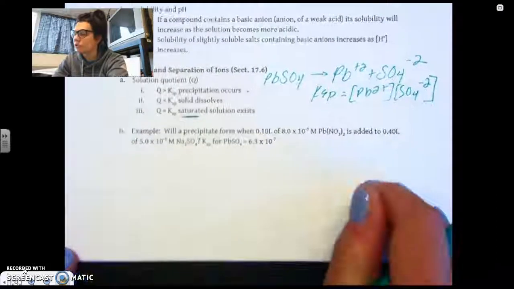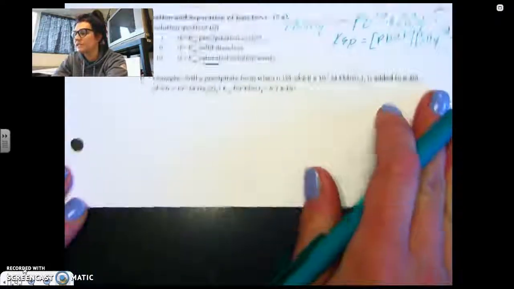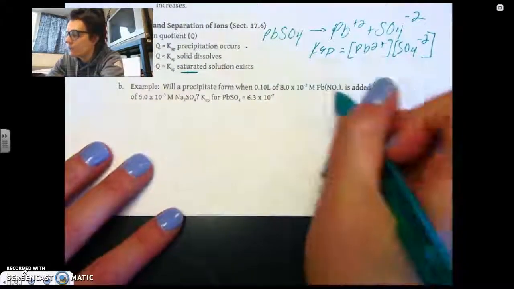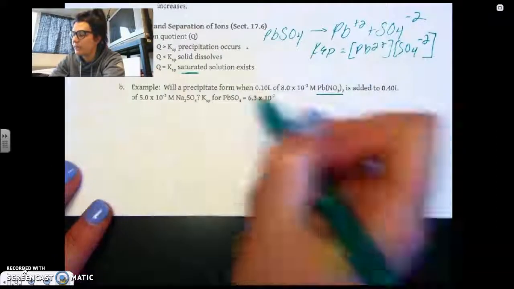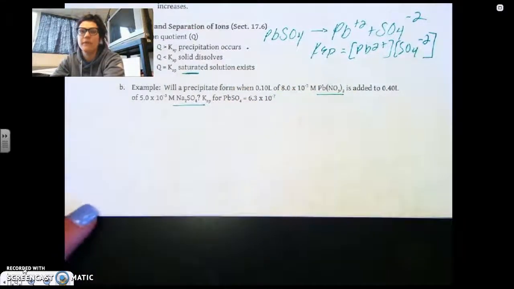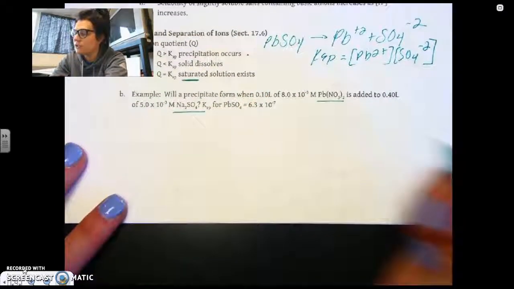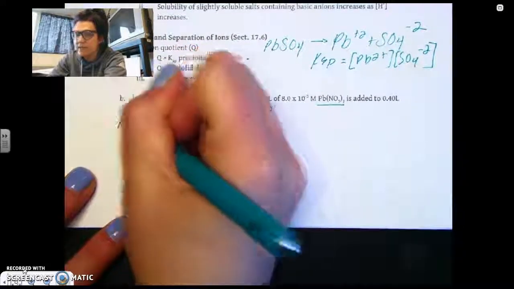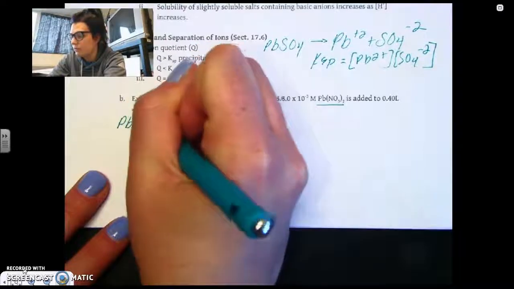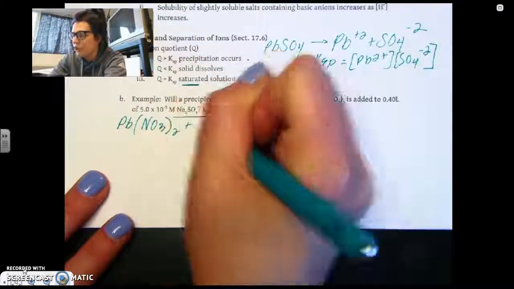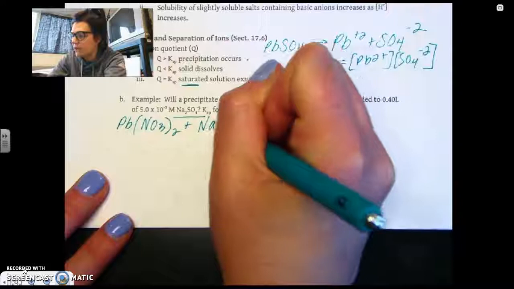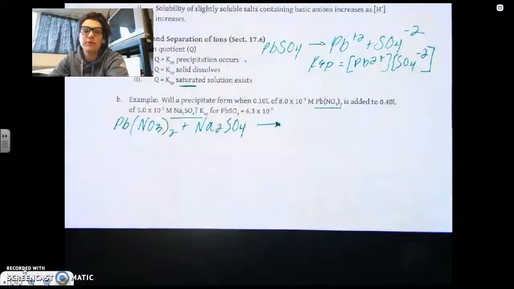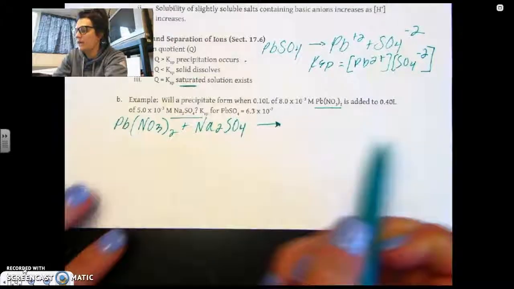The one example I'm going to do is, will a precipitate form when I react lead nitrate and sodium sulfate? What you need to realize is that you're doing a double replacement reaction.